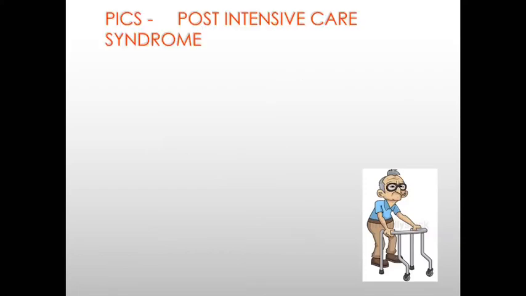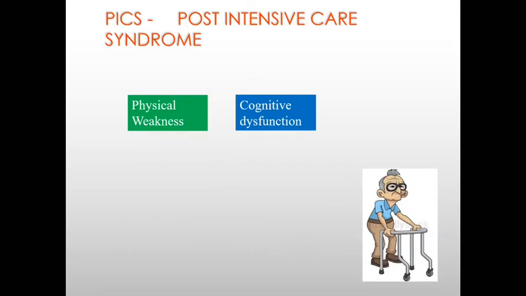And then lastly, just to mention this condition of PICS, or post-intensive care syndrome, which patients with sepsis are particularly prone to. And this really consists of 4 things. There's physical weakness. So almost everybody who's been in ICU more than a few days is profoundly weak, needs a lot of rehabilitation. But more serious than that is that a portion of patients, and particularly the patients who've had delirium from sepsis, suffer from long-term cognitive dysfunction.